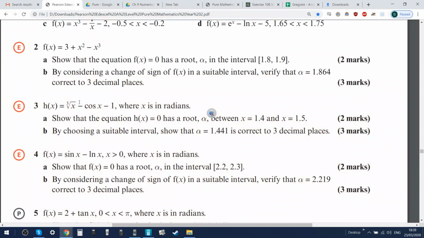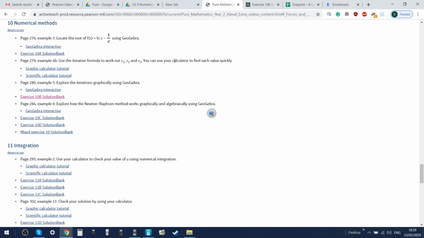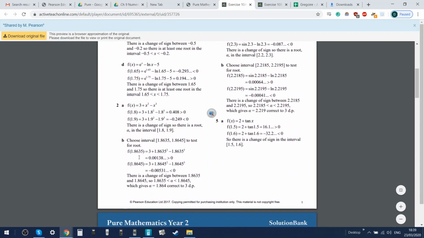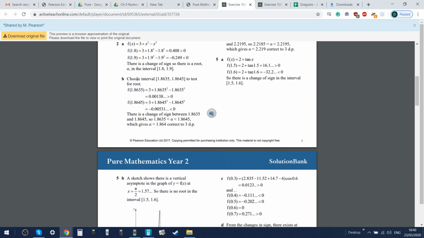Let me just see something. I just want to make sure about that last thing. So that's numerical methods. Is it part A, question 2? There is a change of sign, so there is a root alpha in the interval 1.8 to 1.9. No, that's part A. Yes, interval 1.8635, 1.8645.